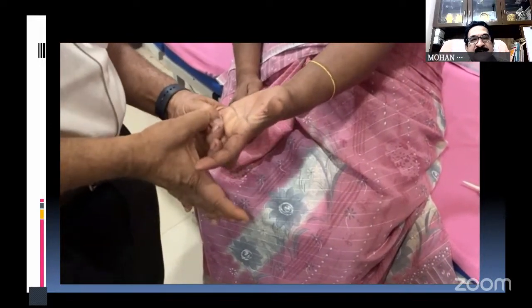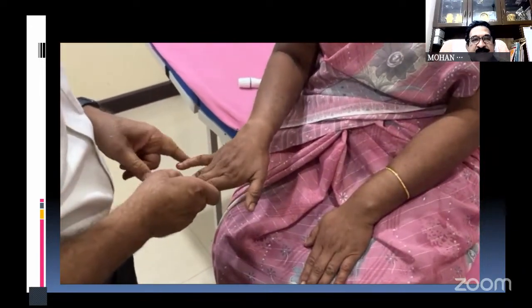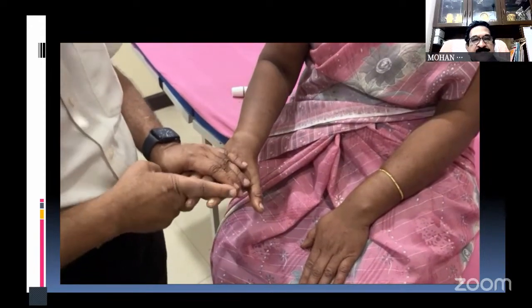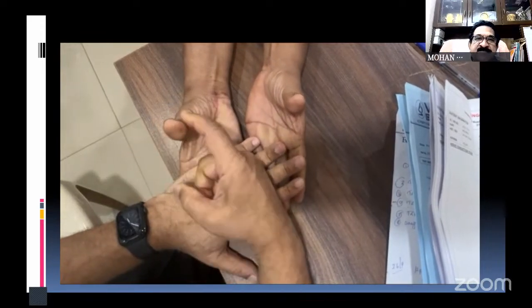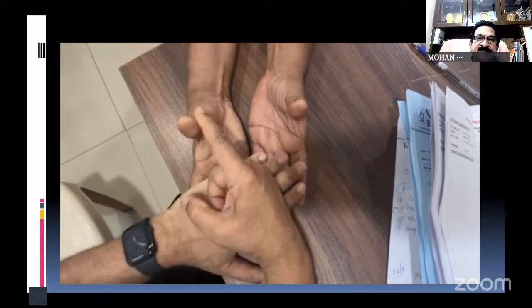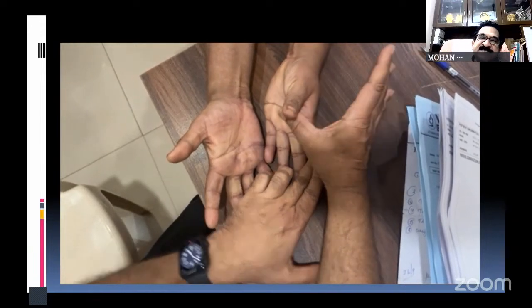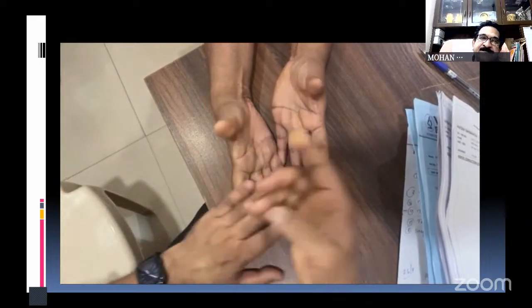On the left side, there's very good power you can see. ADM was weak on the right side. Interossei are also weak on the right side. Abductor pollicis brevis was weak on the right side, but normal on the left side. Flexor pollicis brevis is normal on the left side. Right side is mildly weak.